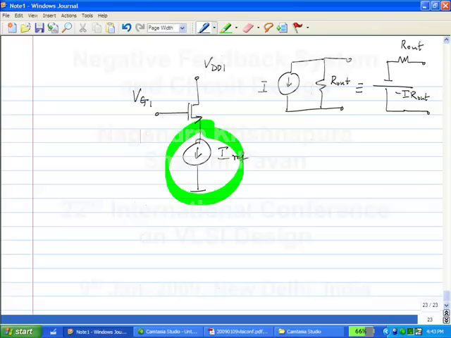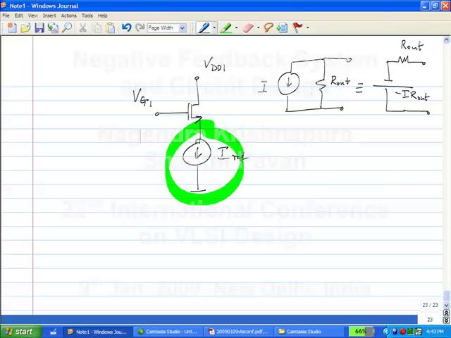And when does this truly tend to becoming a current source? This will tend to an ideal current source when R out is infinity and this battery becomes infinite, correct? So as R out becomes larger and larger, this will become a better and better approximation to a current source.